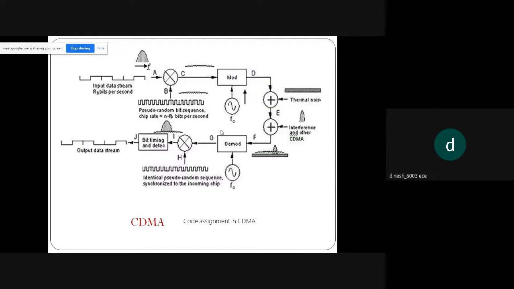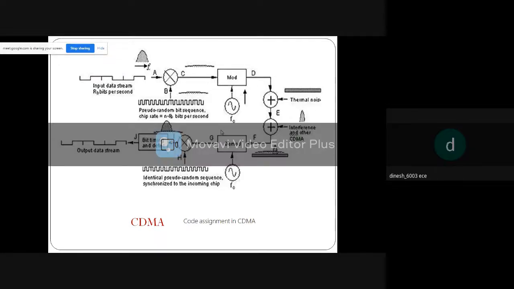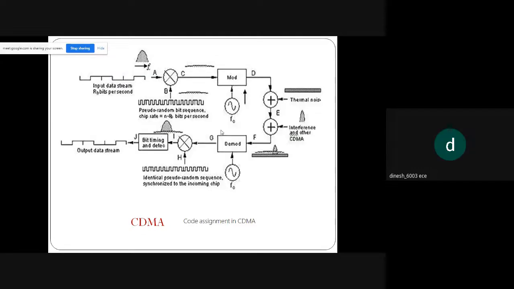So this is the structure of CDMA. The input data stream of RB bits per second is transmitted as A. The pseudo random noise bit sequence at a chipping rate is given to the mixer.